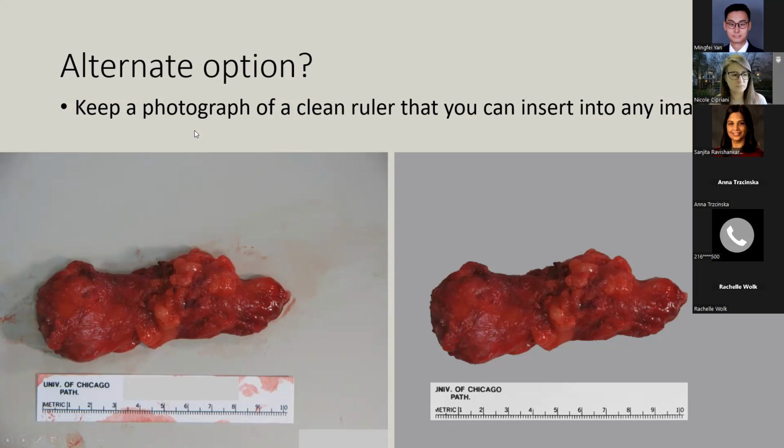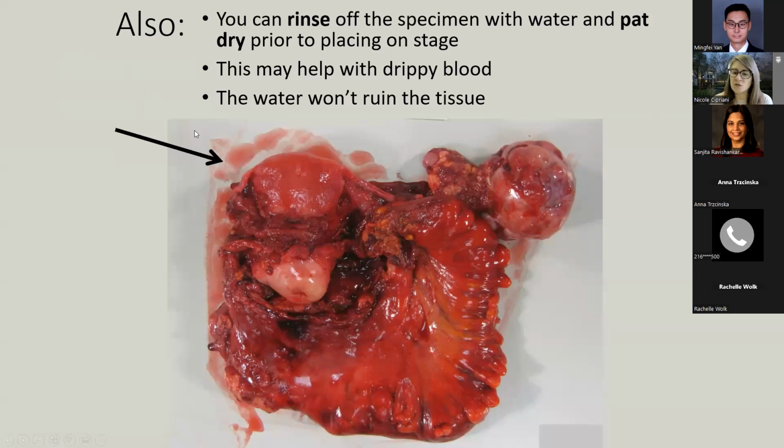Good question. Okay. So sometimes what I've seen with bloody or dirty specimens is conglomerated, coagulated chunks of blood on the specimen. And if you don't wipe them off or rinse them off before you take the photograph, you just get globs of blood that obscure. I've tried to encourage people not to be afraid to rinse these.